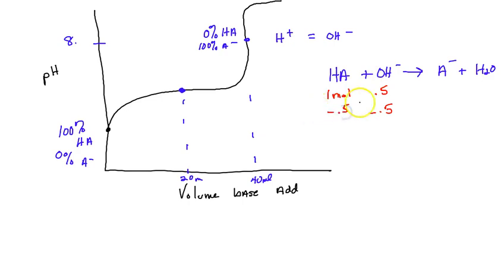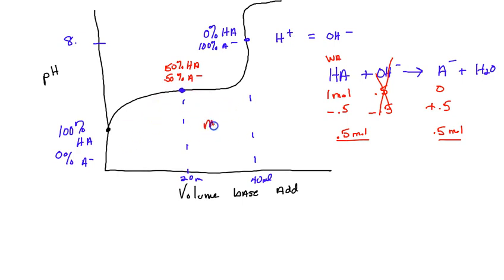This is what drives the weak acid. This is a weak acid. And this is 0. This is going to be plus 0.5. Look what I have here. The base is completely gone, and now 1 minus 0.5 is 0.5 moles of my acid. And I have 0.5 moles of my base. I have equal amounts of conjugate acid and conjugate base. That's why I would say here there's 50% HA and there's 50% conjugate base.